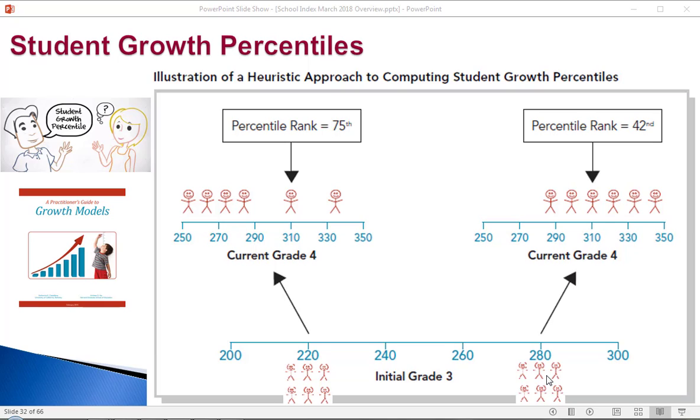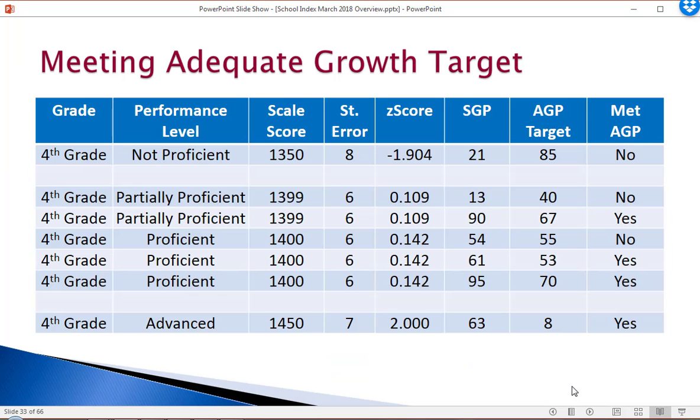growth percentile. In the same place that you downloaded the school index Microsoft Excel tool, you also had the opportunity to download a summative student data file.